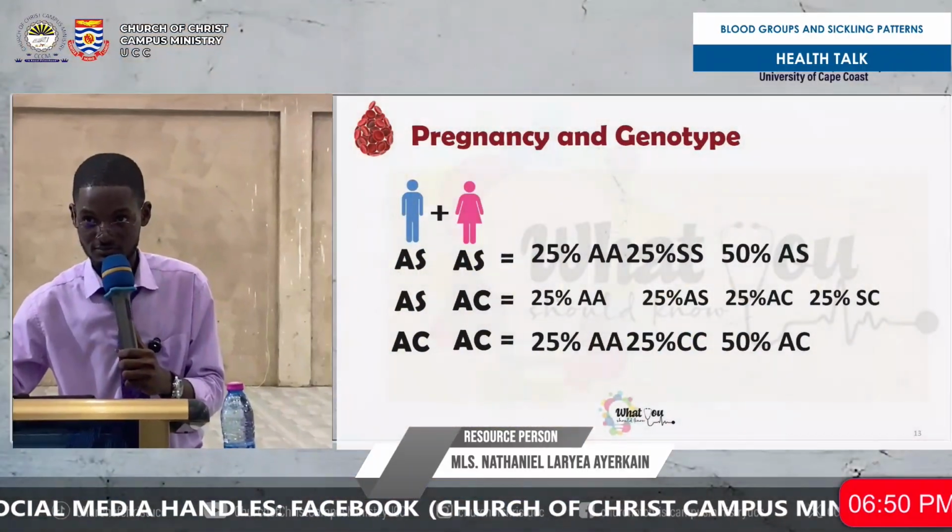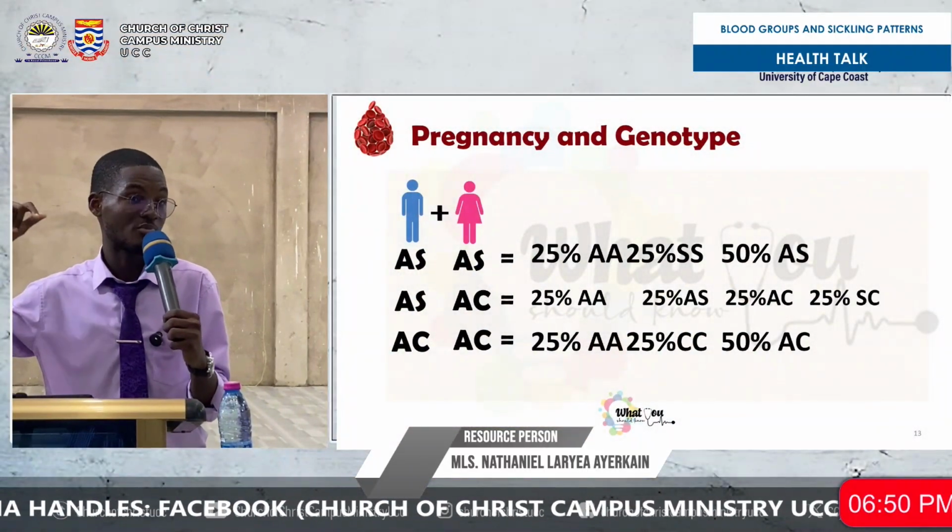So it's better. Some also have the perception that if they give birth once and that child is SS, then it means that all the other children cannot be SS. It's not true. You can have 4 different children and all 4 of them will be sickle cell.